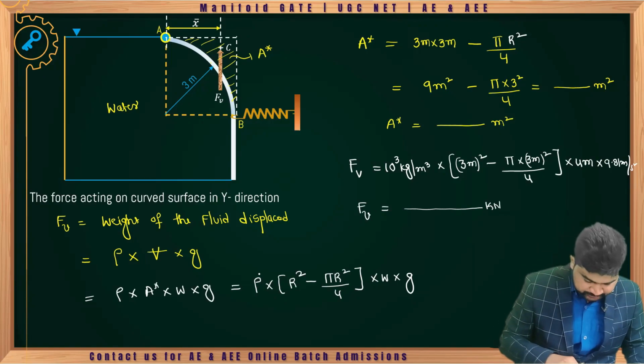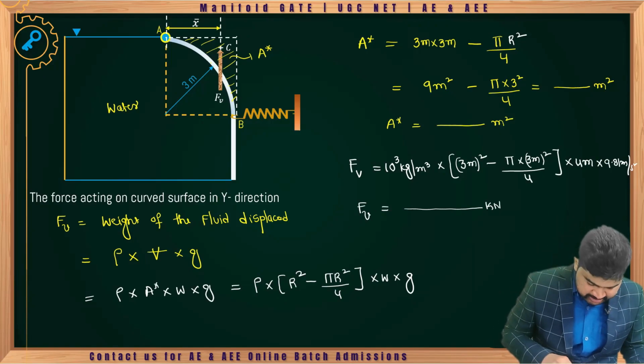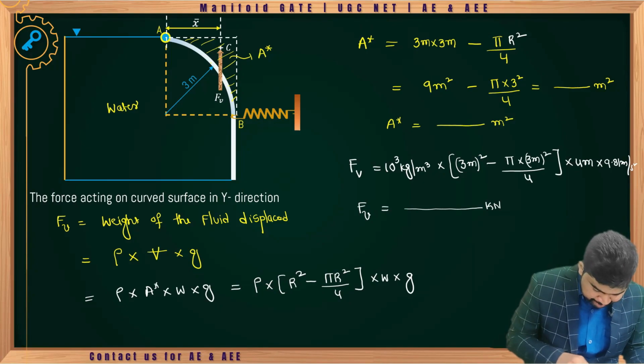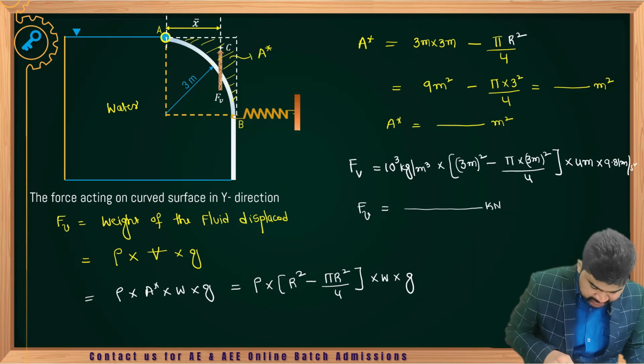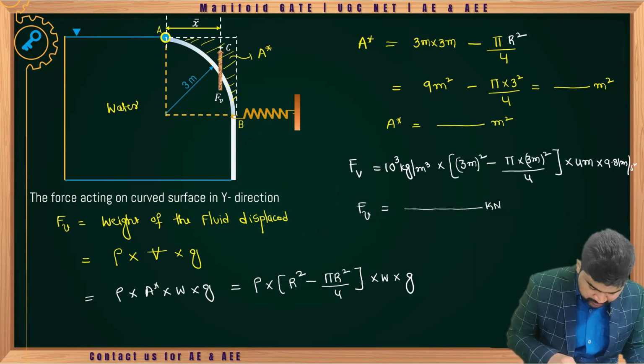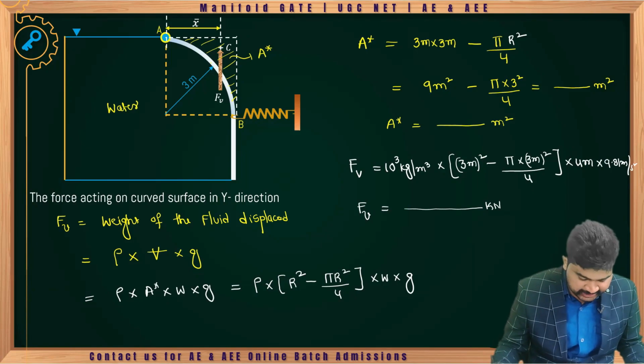Calculate and tell me. Here 9 minus pi times 9 by 4, okay, into 4 into 9.81 into 10 cube.